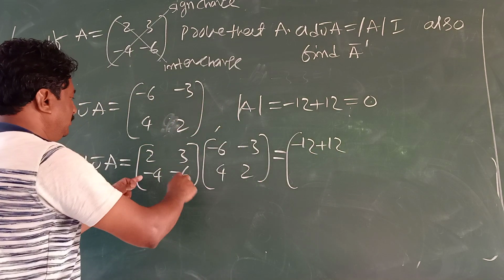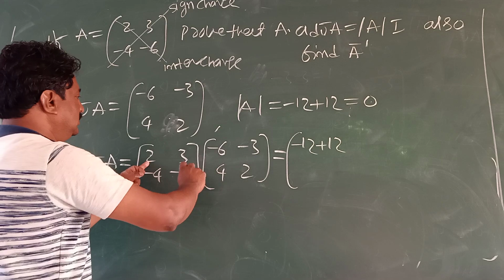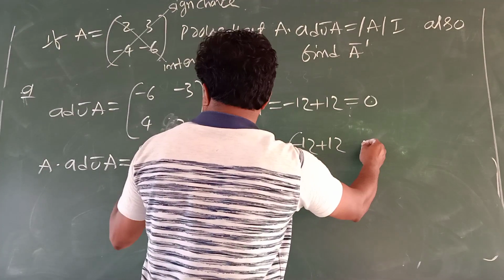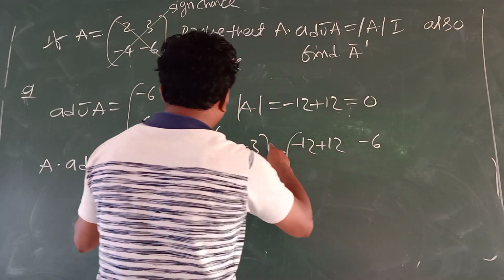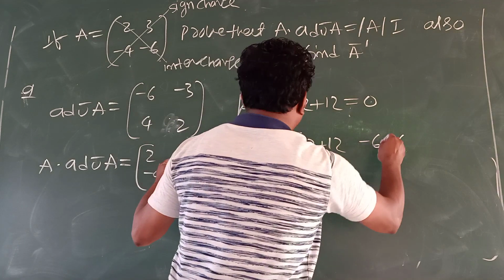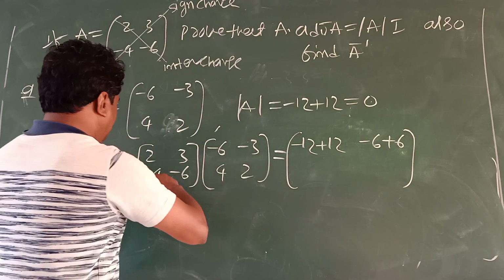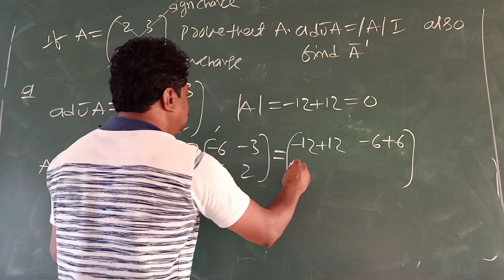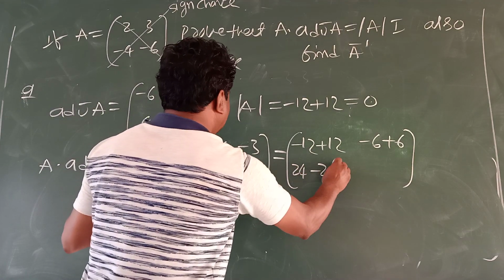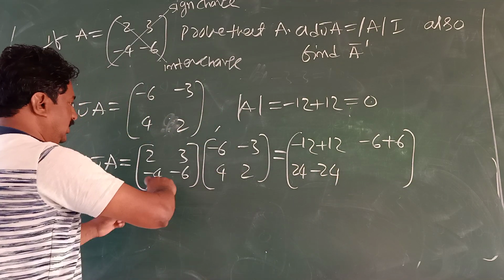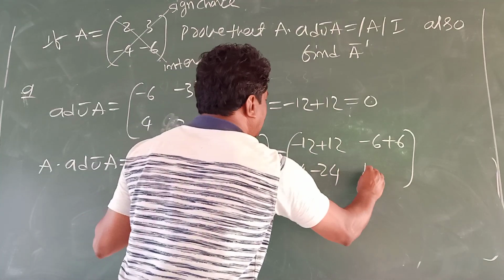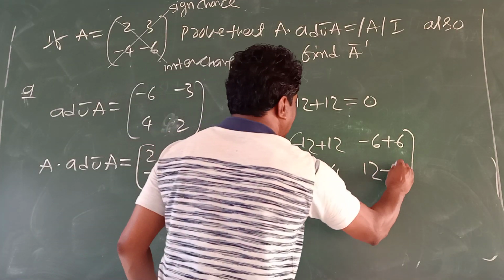First row second column: 2 into minus 3 is minus 6 plus 6. Next, minus into minus plus, 6 4s are 24, minus 24. Second row second column: minus into minus plus, 4 3s are 12, minus 12.